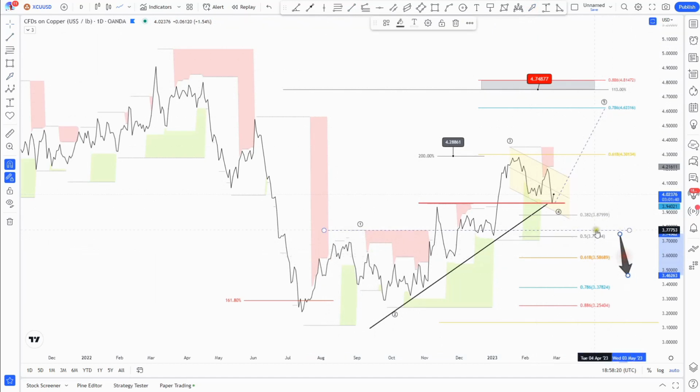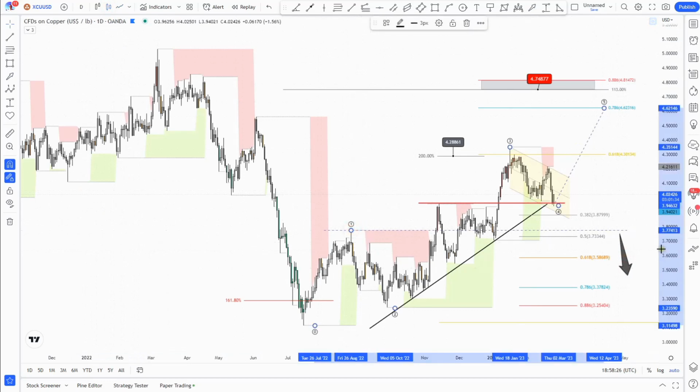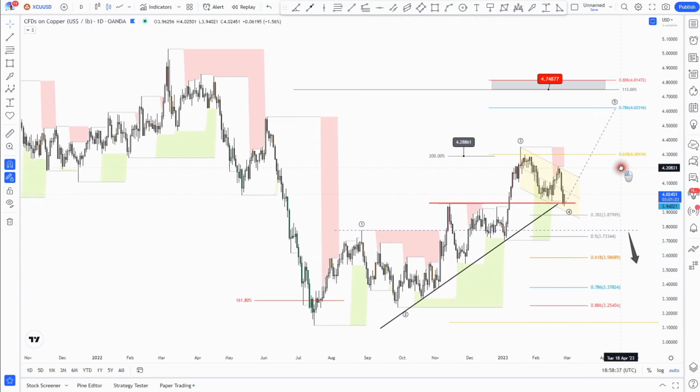If the price starts to close below these previous structure highs and the highs of the first wave, that sequence will automatically invalidate, and we'll need to readjust to the price action and the price behavior and try to understand what the price is trying to do.